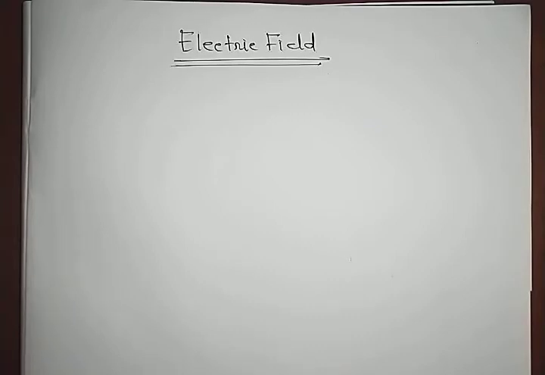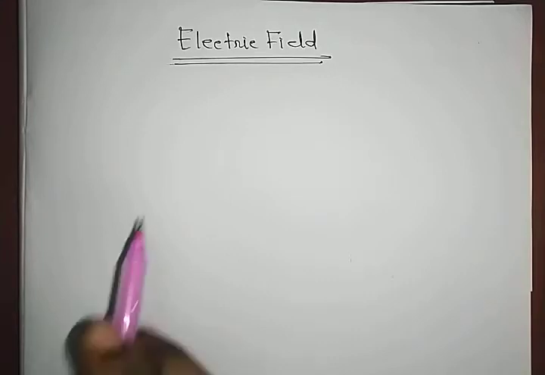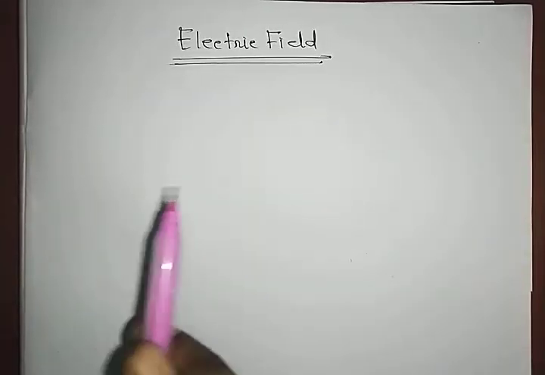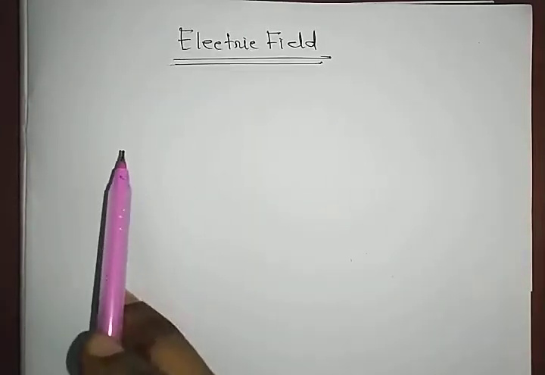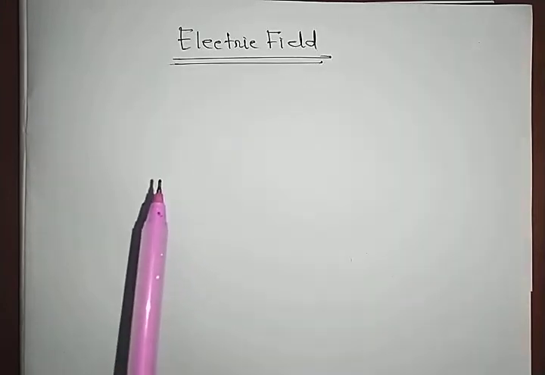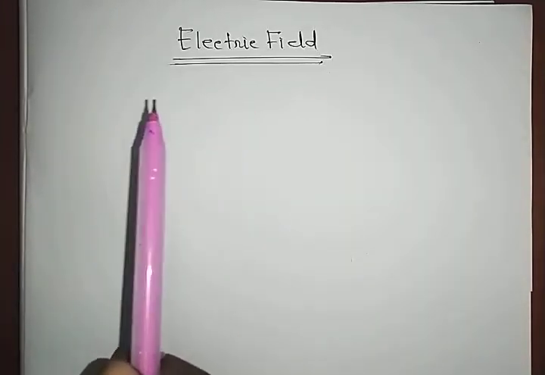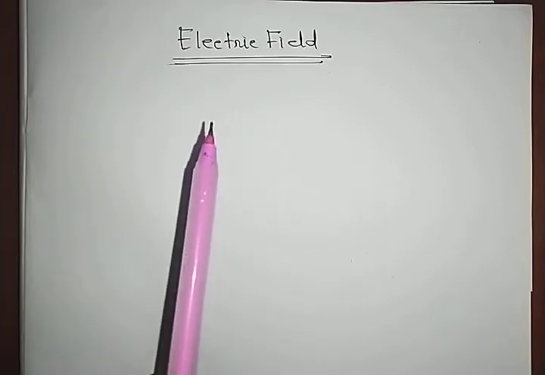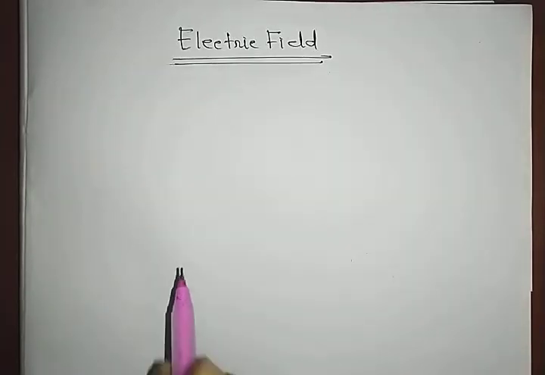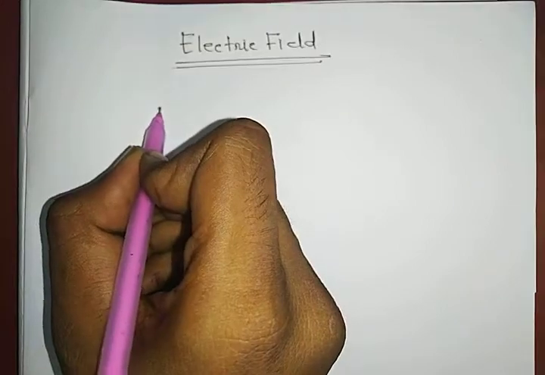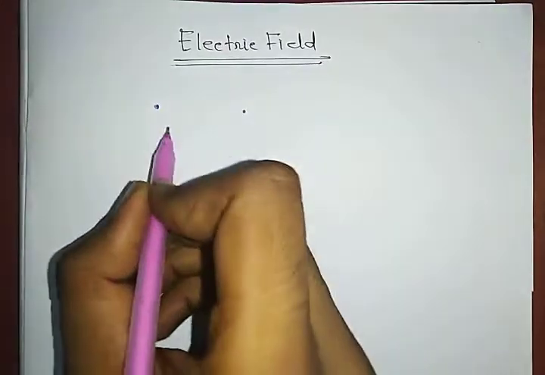Now, we know that two particles that are not directly in contact can also exert force on each other. But the way they exert the forces on each other is quite different. Suppose here is one charged particle and here is another.